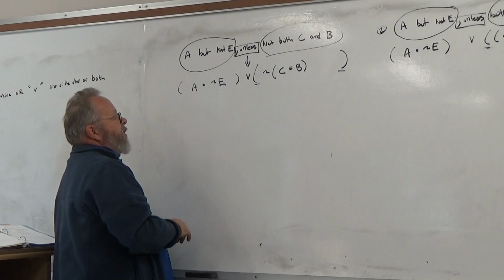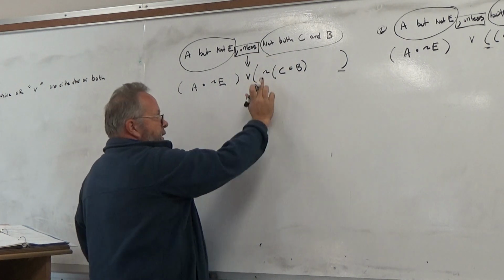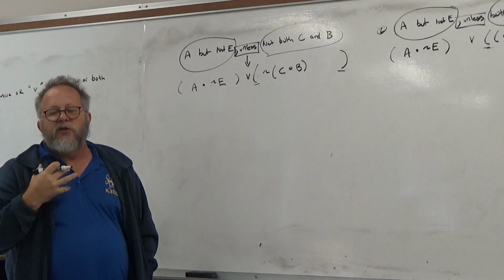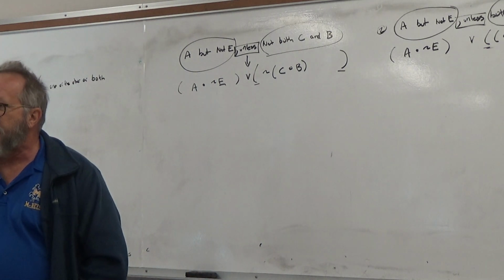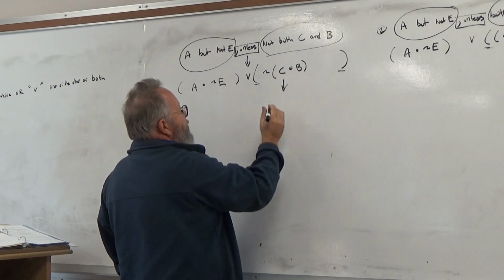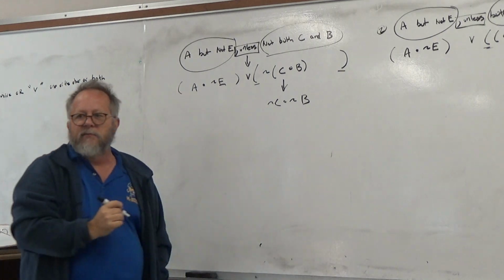Now, one thing, not both. This is what I did. Not, all right, both, parentheses, okay? Don't try to read these, internalize them, and then spit them back out. Because then people have the habit of saying, not both, huh? That means not C and not B. No, it does not.